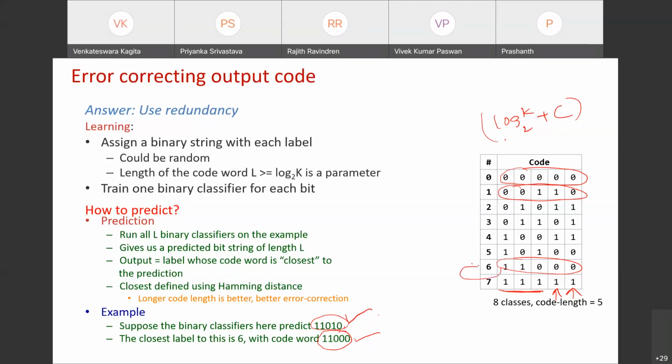You're getting 6, so we'll classify it as 6. Still, the complexity is order of log k base 2 because you're just adding a constant number of classifiers. So that is how you can avoid this problem by using redundant bits.